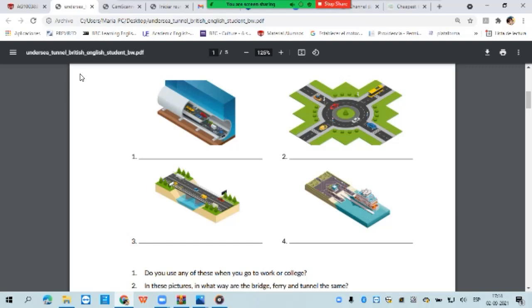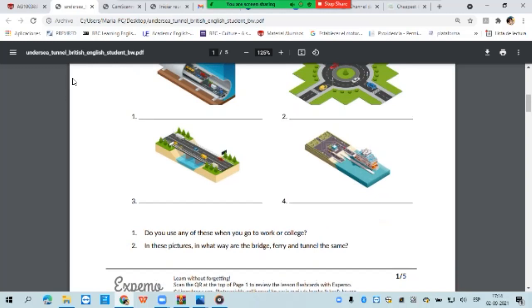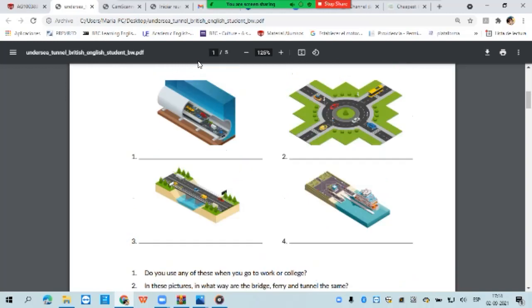Okay. Any other experience with undersea tunnels, for example? Have you ever used one? No. And well, bridges, I'm sure you have traveled across bridges. And roundabouts, there are not many now, fortunately, in Santiago.